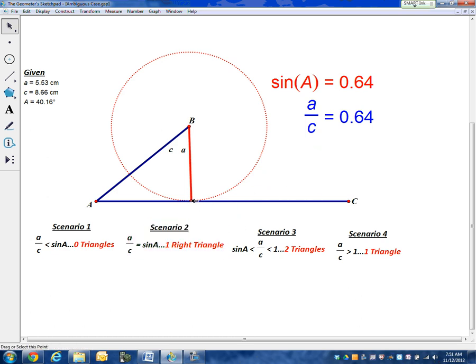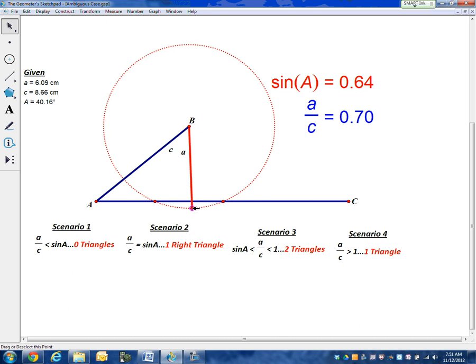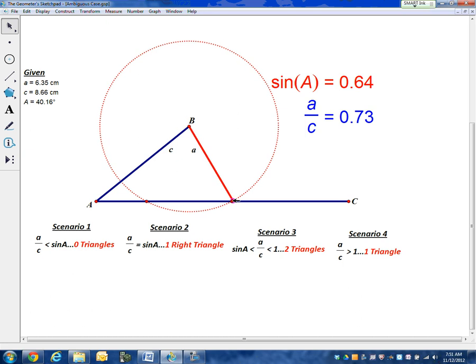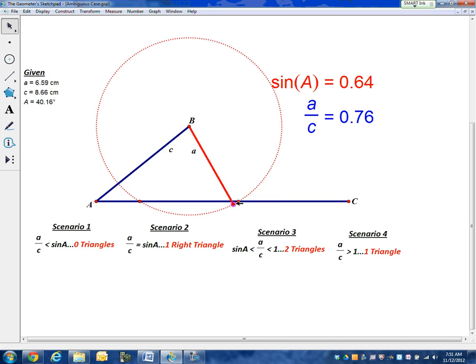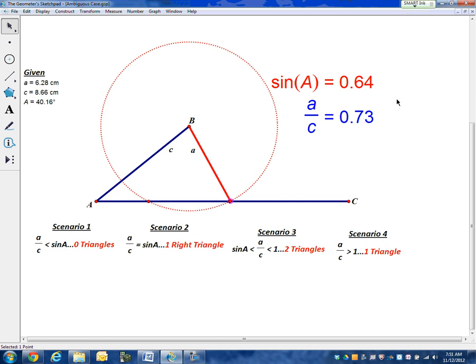Now let's extend that red leg just a little bit past the blue. So let's bring it to right about here. Now take a look. I could either connect that red leg on the outside to create one triangle, but if you take a look over here, I could also extend it to the inside. So I have two possibilities, either one or two.